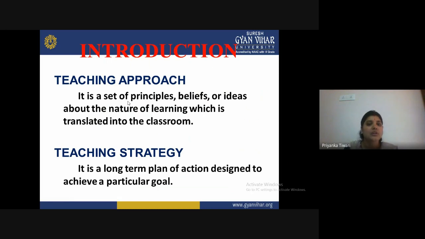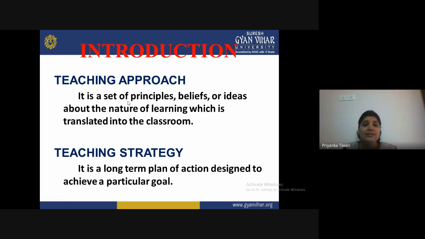So teaching approach is a set of principles. We are talking about a set of principles, their beliefs and their ideas about the nature of learning, which is translated into the classroom.